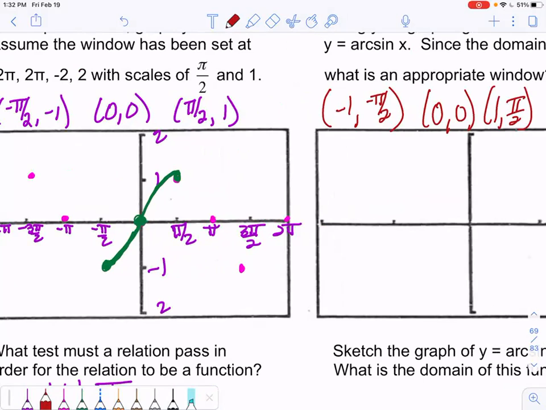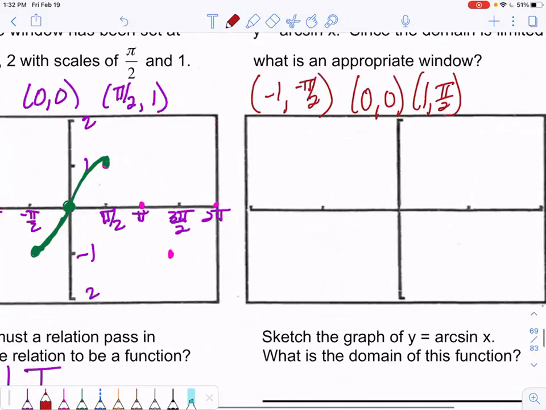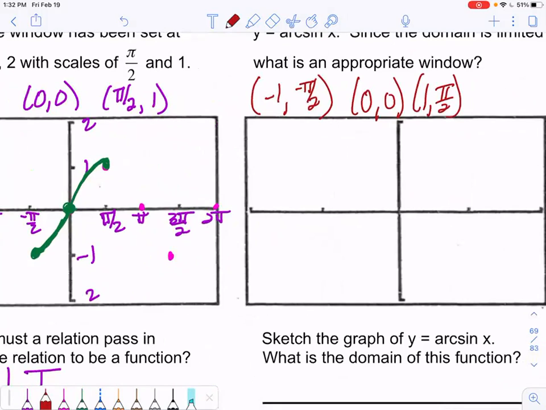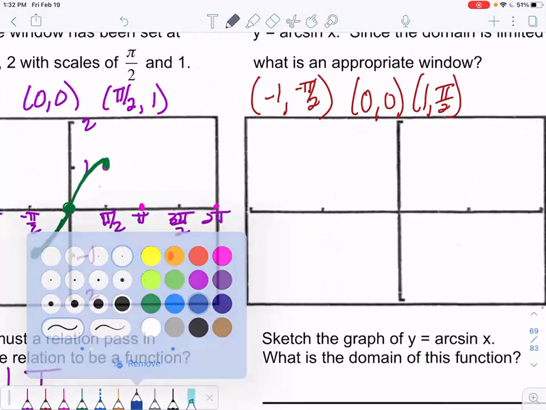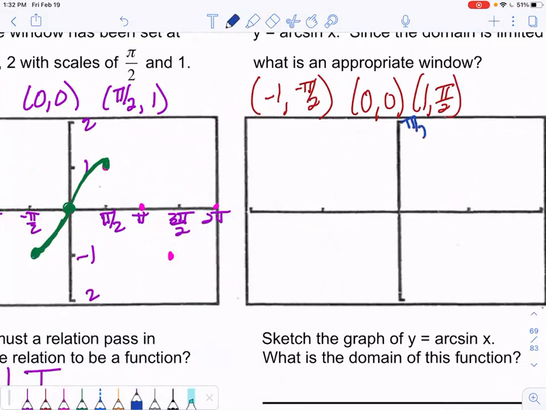If your x and y switch, when you label your x and your y axis, that has to switch too. Because my y values are now pi over 2 and negative pi over 2. My x values are now 1 and -1.